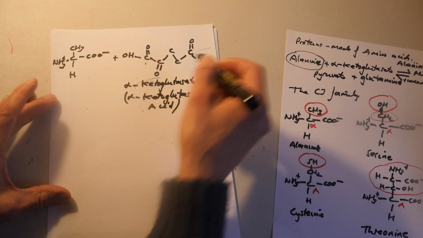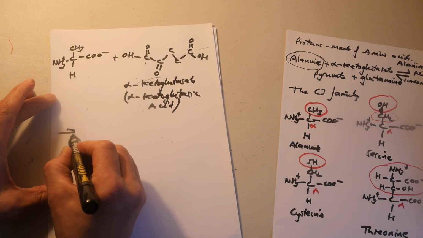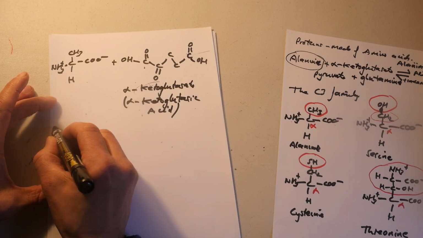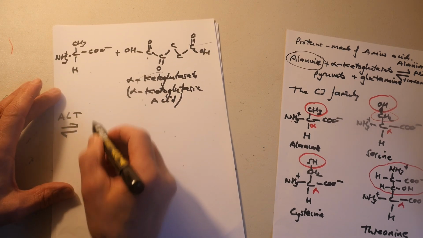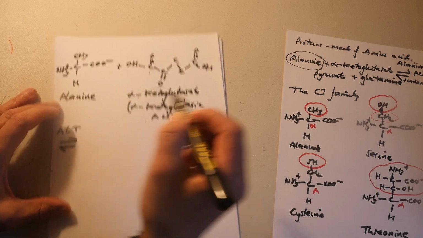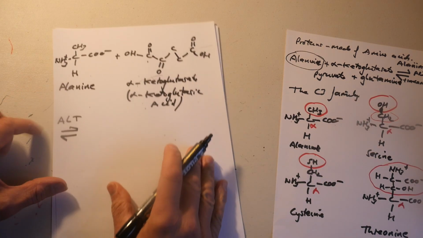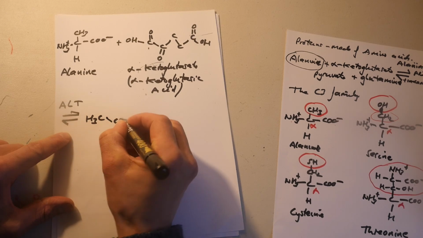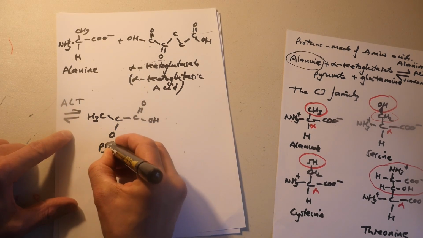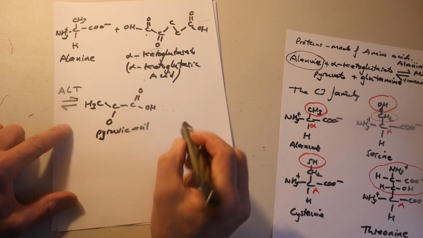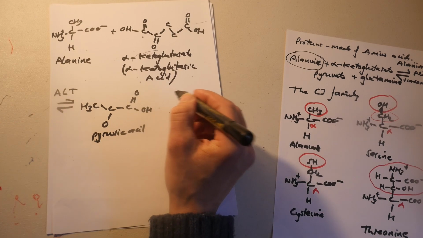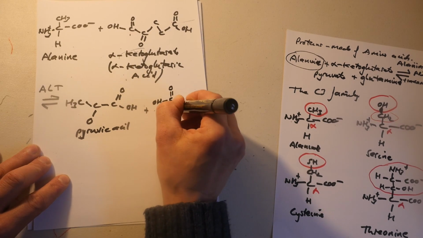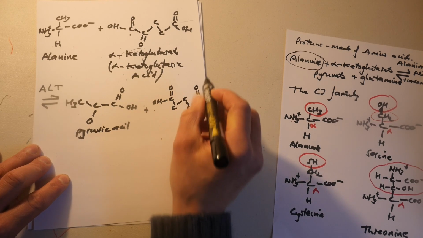So this is an equilibrium, and then you've got alanine transaminase, and then alanine and alpha ketoglutarate become pyruvic acid plus L-glutamic acid, the glutamate.